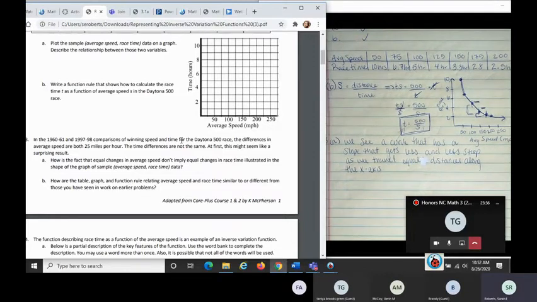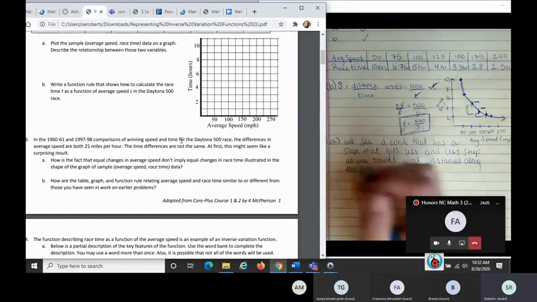Okay, any questions about that statement that we just wrote down? No. All right. And then in part B, it says, how are the table, graph, and function rule relating average speed and race time similar to or different from those you've seen in work on earlier problems?